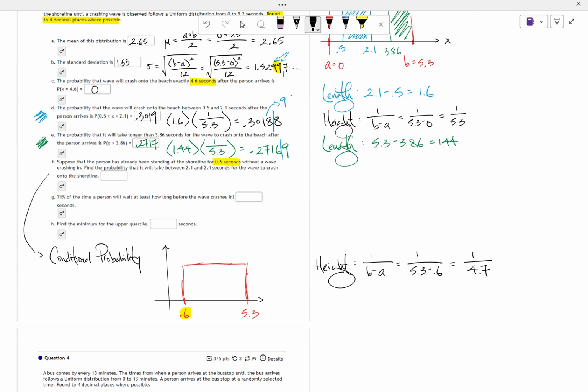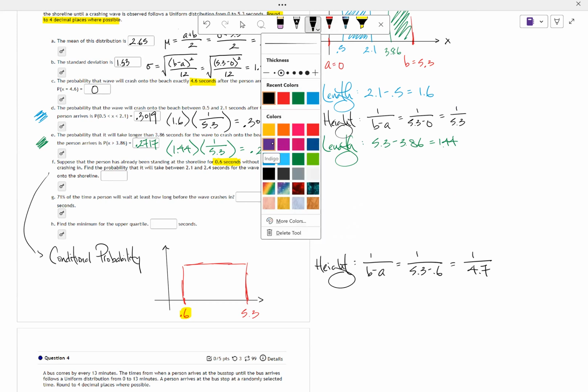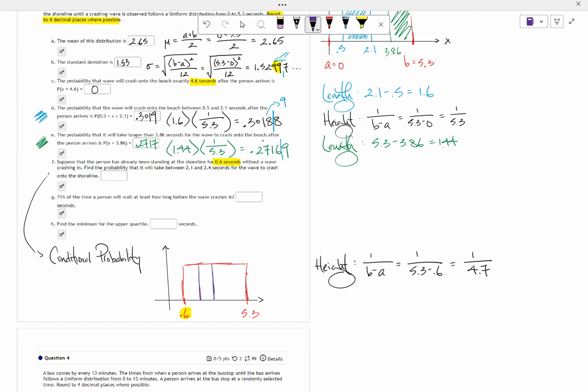Okay, now you can turn it into a decimal if you want, but again, the more you round, the harder it is to get the right answer in the MyOpenMath. So we've got the height of this rectangle, and now we want to find the probability that, let's go with a purple one this time, between 2.1 and 2.4.